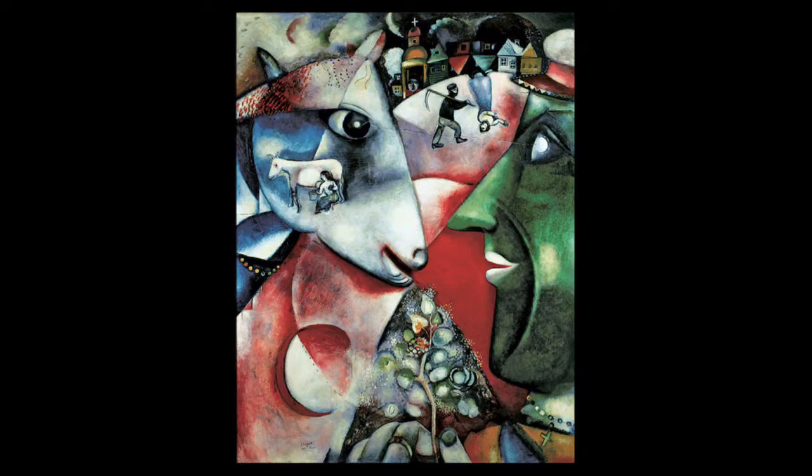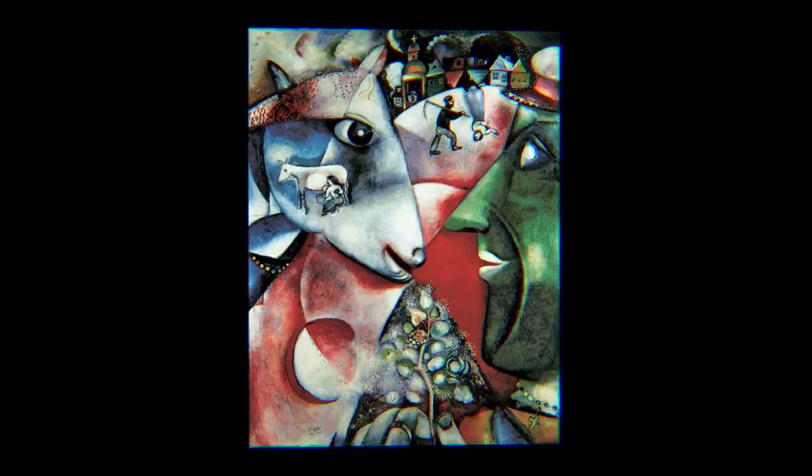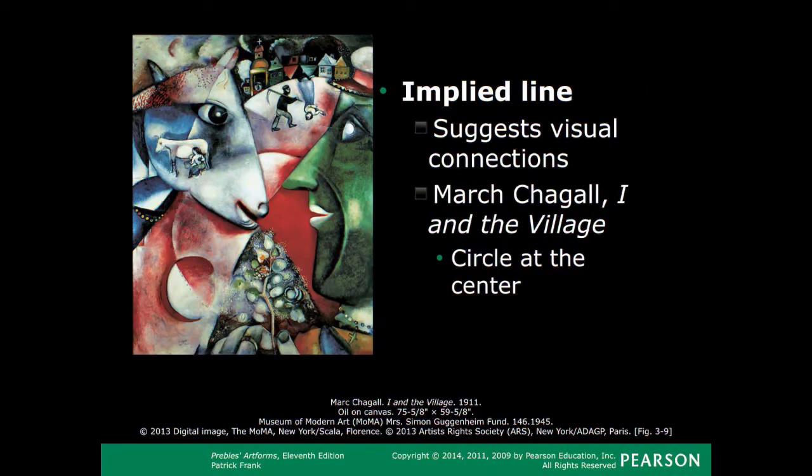You'll see symbology of his religion. You'll see the life of the farmer represented here. You'll see a connection between man and animal. And you'll see some interesting abstract shapes. And this piece is called I and the Village by Marc Chagall.